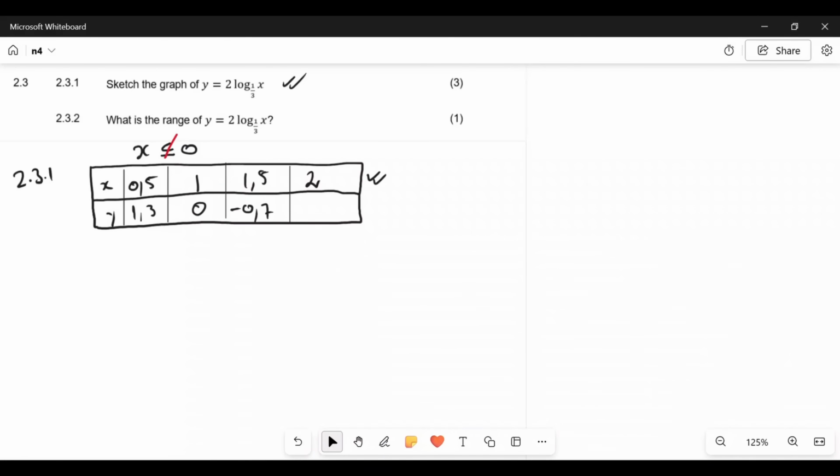And then the last one there, when x is actually 2, what is our y there? I'm actually getting negative 1,3 there. So guys, this is how you're supposed to do the table when it comes to log graph. Now let's draw our Cartesian plane and we will be able to draw our graph here.